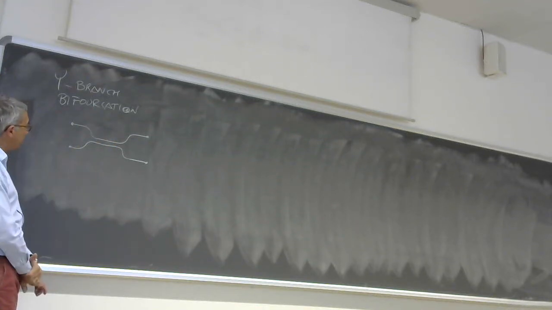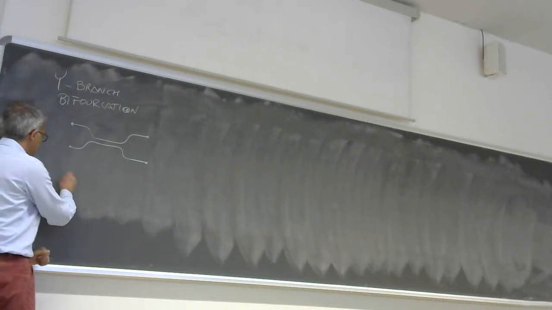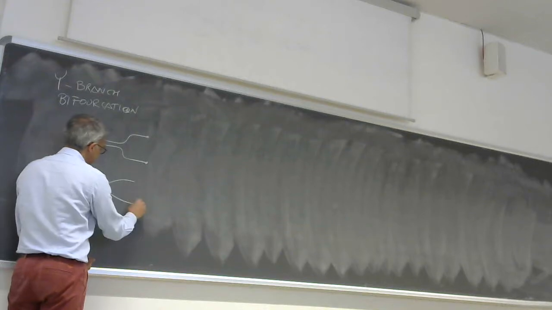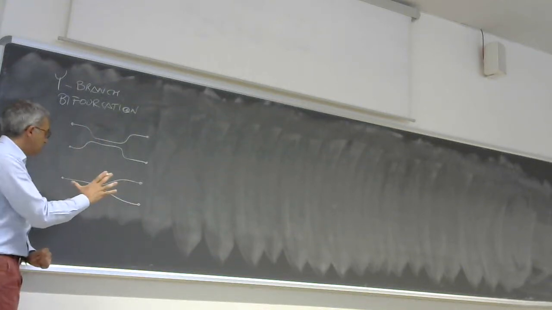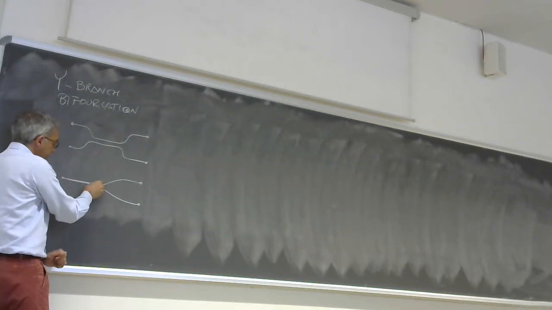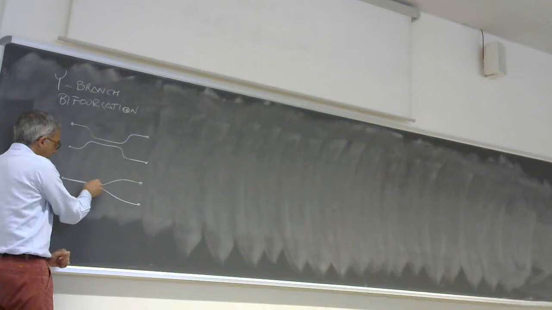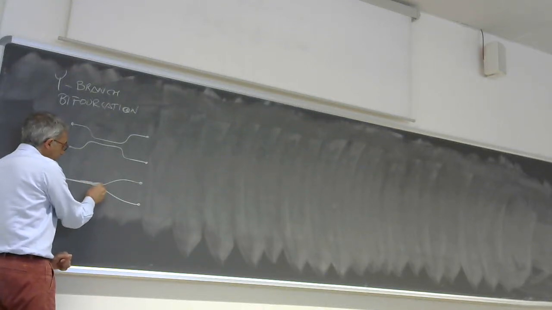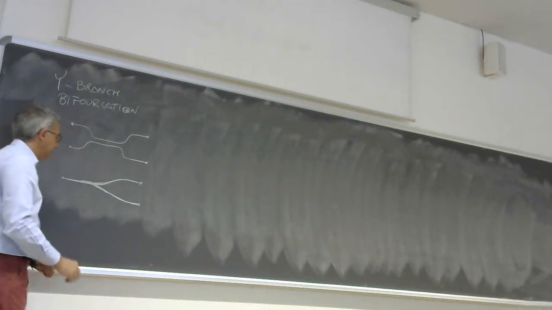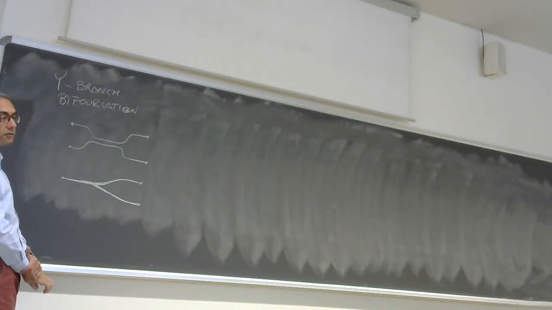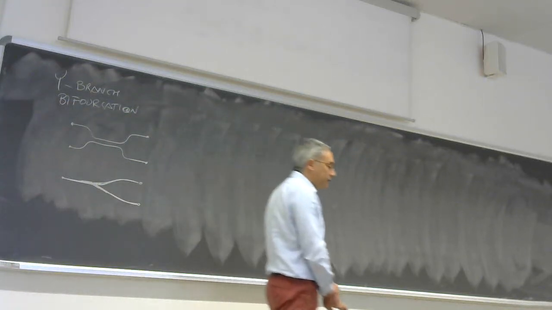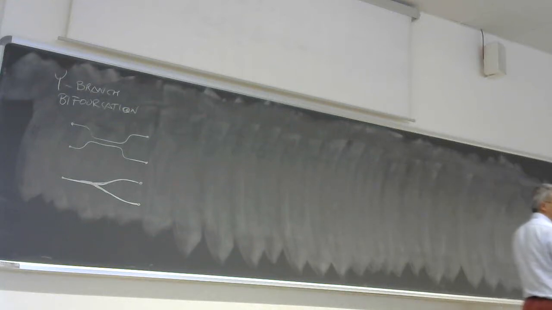A Y-branch is similar but has one input and two outputs. So, seen from the top, this is a waveguide, and the waveguide at some point becomes a little bit larger and splits into two single-mode waveguides. So we have one input and two outputs. It is another way to split the input power in two.